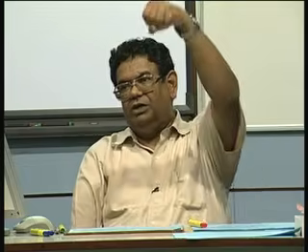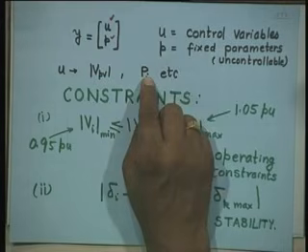And if it is a hydropower plant, what do you do? Gate opening. If you put in more water on the hydraulic turbine, more power is generated. If you reduce, less power is generated. So, you can control active power or real power generation by whatever means, let it be thermal, let it be hydro, let it be nuclear.